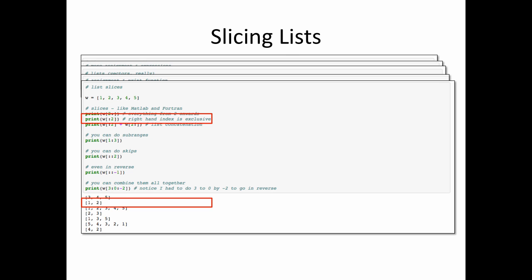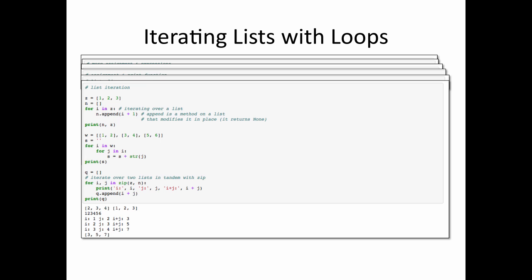Now let's look at how to use some of the control structures in Python, and also how to loop through a list. In the example here, variable z is a list with 3 elements: 1, 2, 3. Now I want to loop through it and create another list, where the elements in the new list are 1 plus the element in the list z.